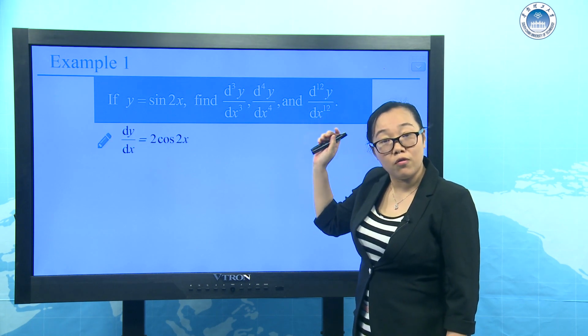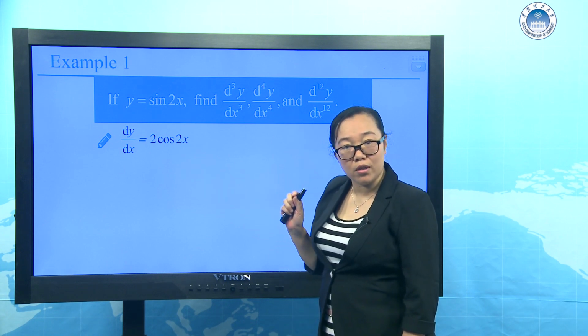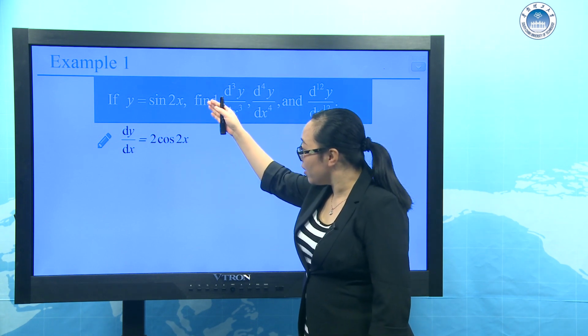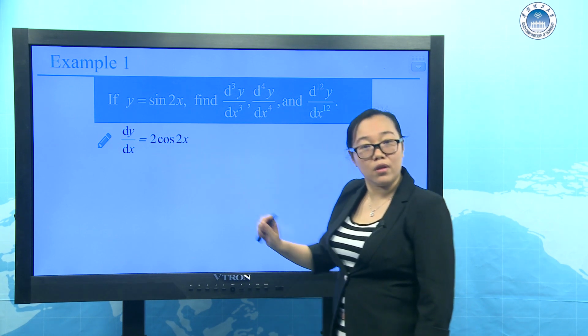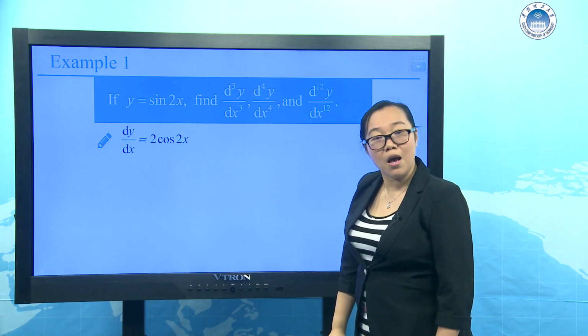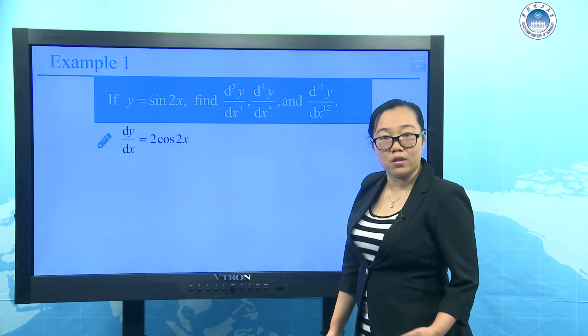So now look at first dy over dx, the first derivative. The derivative of sine u equals cosine u times u prime, so it equals cosine 2x times 2. This is the first derivative.